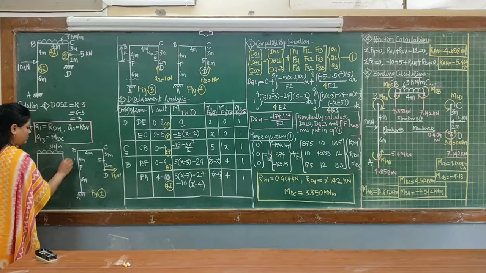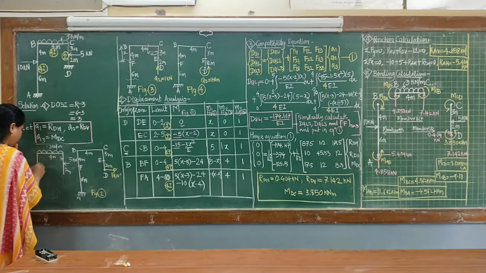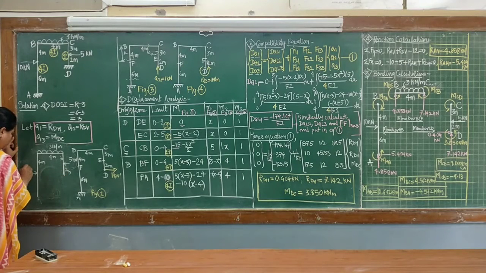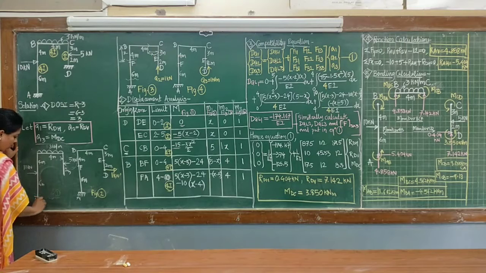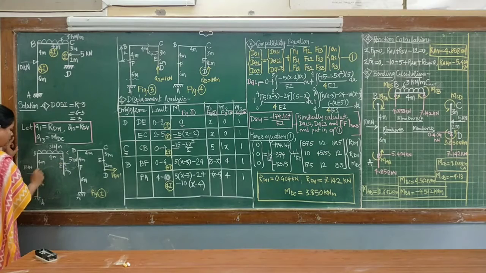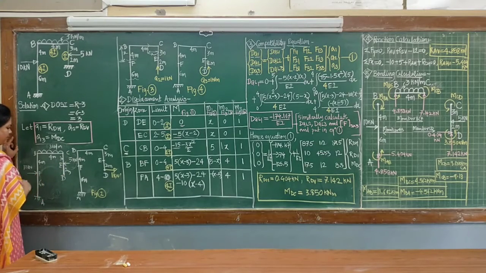The point load on the CD column is 5 kilonewton, distance is 3 meter. Distance is 2 meter, here 4 meter, this side 4 meter. This is the point load acting, 10 kilonewton, at 6 meter distance here.